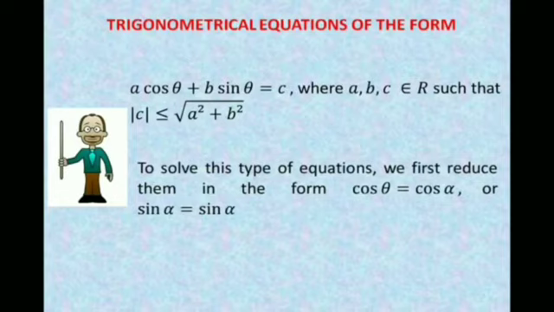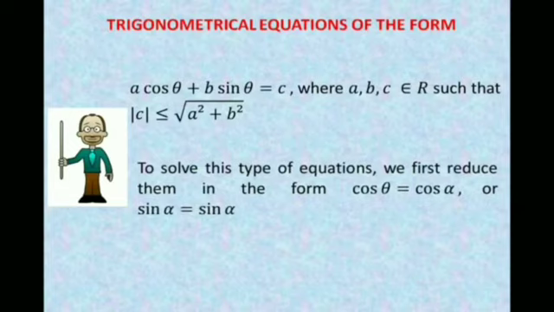If we just take a by under root a square plus b square as cos alpha, then b by under root a square plus b square will automatically come out to be sin alpha. So it will be in the form of cos alpha into cos theta plus sin alpha into sin theta is equal to c divided by under root a square plus b square.